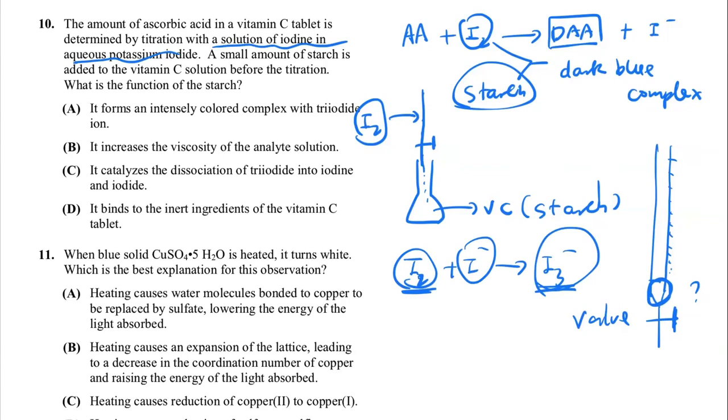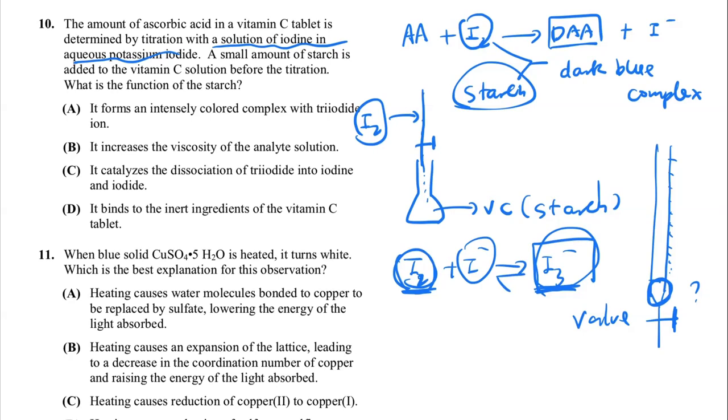But even if you change it into I3 minus, it still works in the same way as I2, because you can see there is one I2 in each of the I3 minus, right? So when it binds to starch, is it the I3 minus that binds or the I2 that binds?